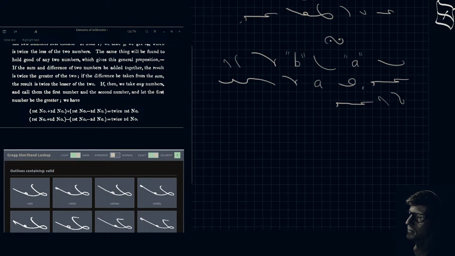So let's go back. Let A and B stand for two numbers where A is the greater of the two numbers.